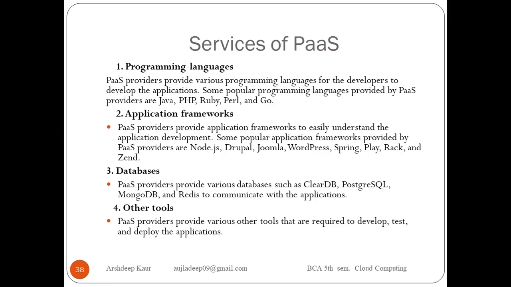Application frameworks where we can design the applications. Then it provides databases like ClearDB, PostgreSQL, MongoDB, and Redis to communicate with the application. Then it provides some other tools that are used to develop, test, and deploy the applications. These are some of the services.